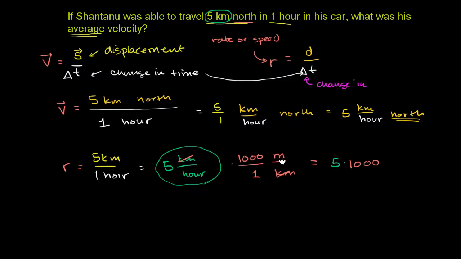And then in the units, in the numerator, you have meters, and in the denominator, you have hours. Meters per hour. And so this is equal to 5,000 meters per hour. And you might say, hey, Sal, I know that 5 kilometers is the same thing as 5,000 meters. I could do that in my head.